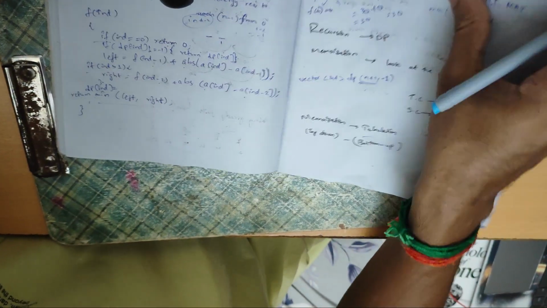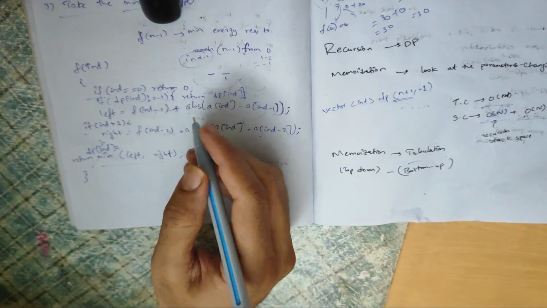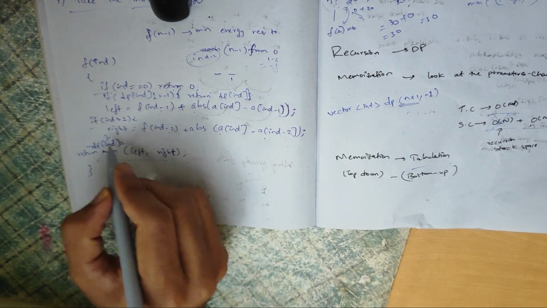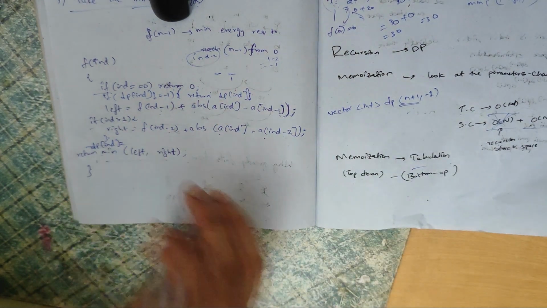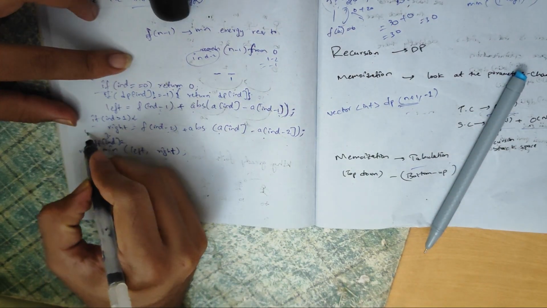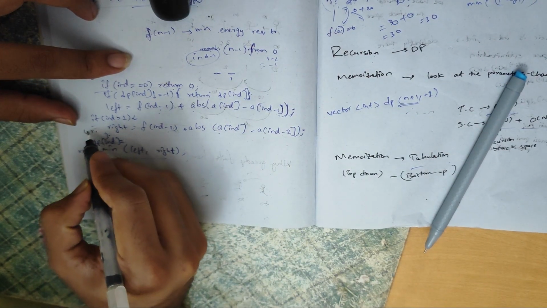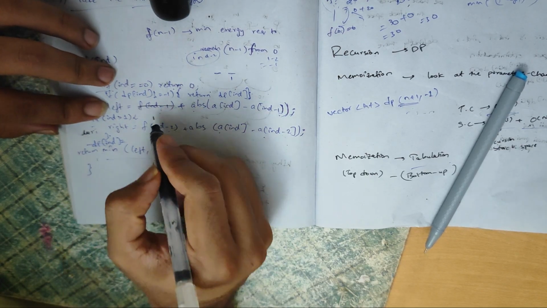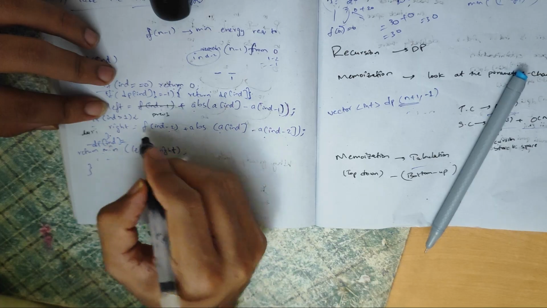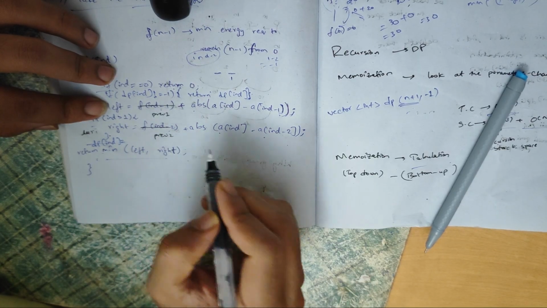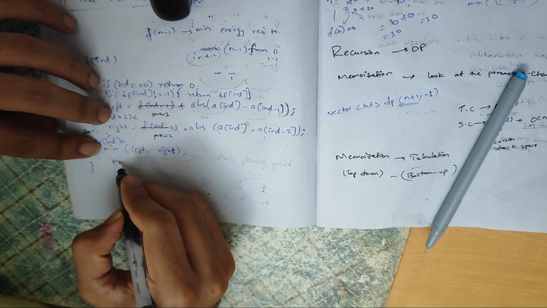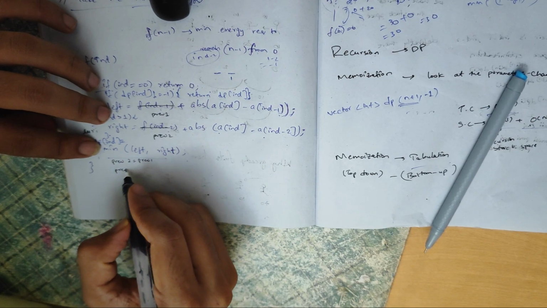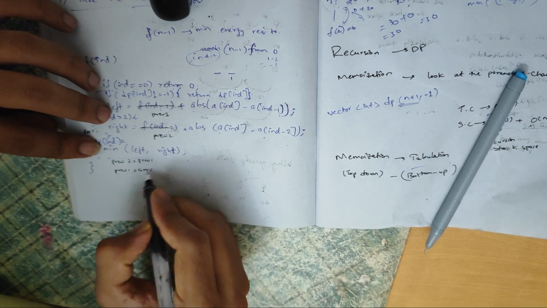Here, we take dp of index minus 2 as previous 2, index minus 1 as previous 1, and dp of index as current i. Then previous 2 becomes previous 1 and previous 1 becomes current i.